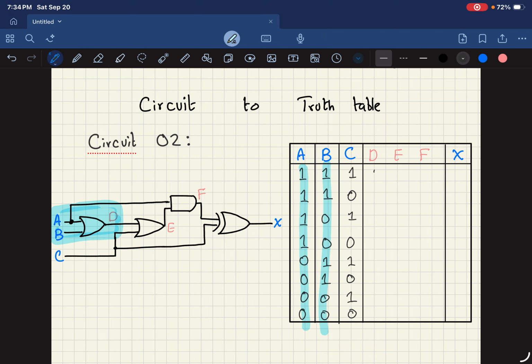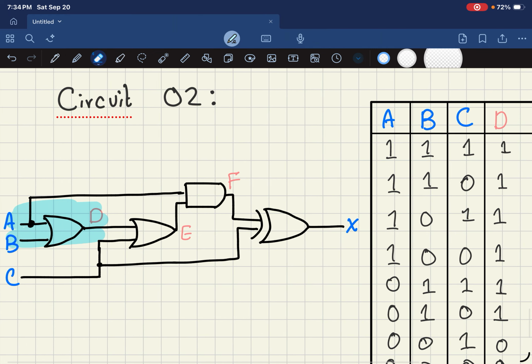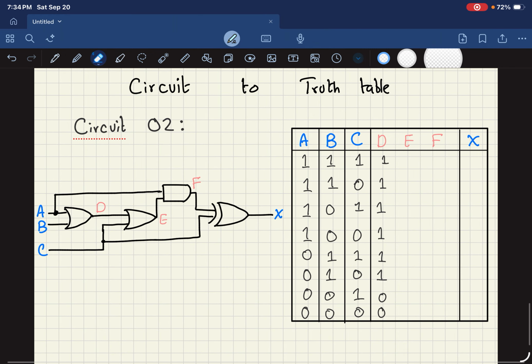So over here it's going to be 1 1, I'm just focusing on what the inputs A and B are. Again 1 1 1 1. For the last two, both of them are 0, so because none of them is 1, I'll just give out a 0 over here. So that's our answer for the first gate, which is giving us the output D.